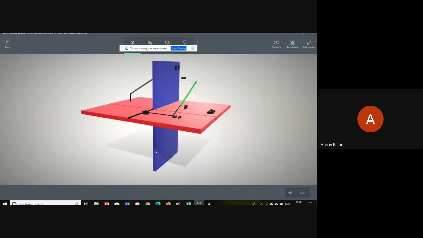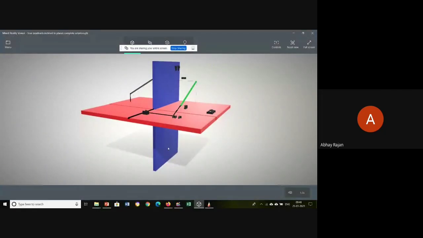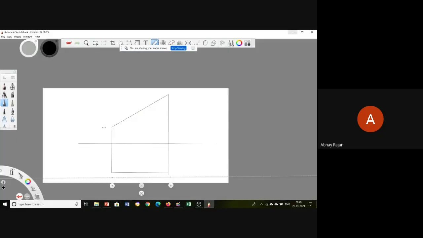HP will be rotating clockwise, and it will be seen coinciding on the VP, bottom side of the VP. So that's this plane, and you have to name these lines, points, and all using proper lettering method. So freehand sketching should not be there, it should be drawn using the scale and all, and there should be uniformity for the solution drawing also.